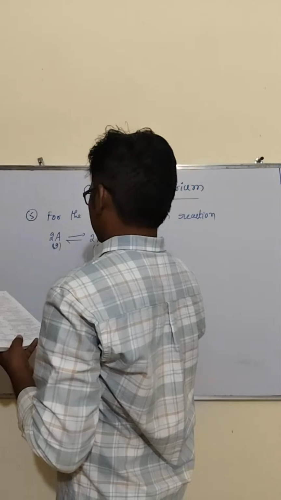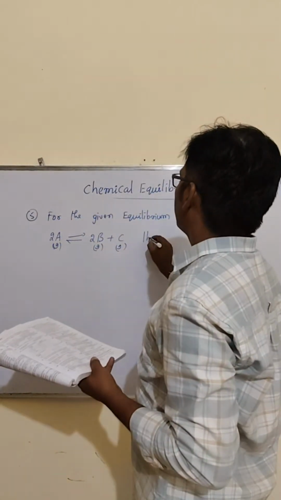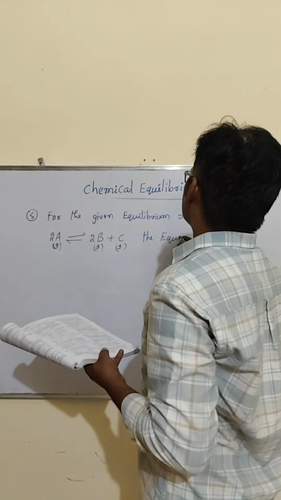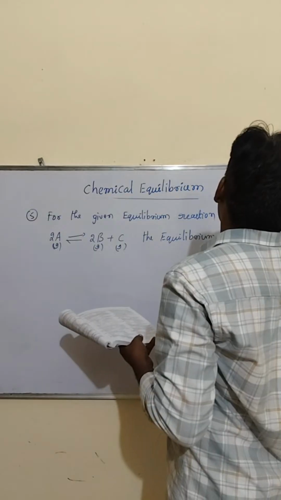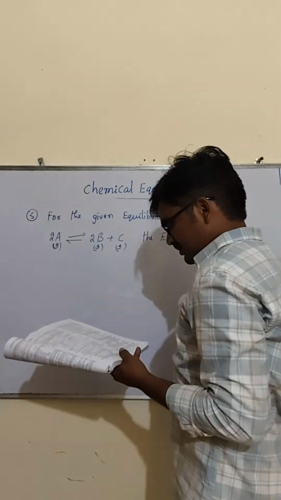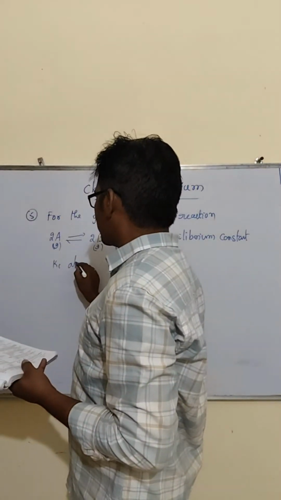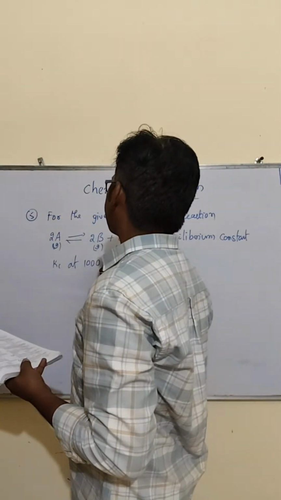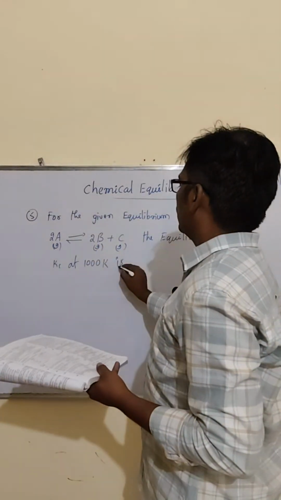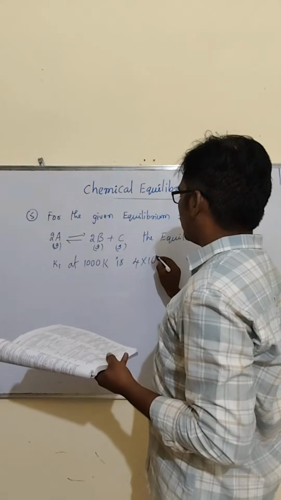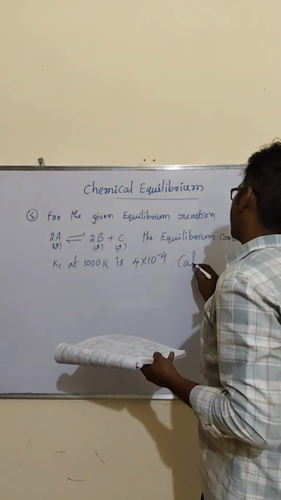The equilibrium constant Kc at 1000 Kelvin temperature is 4 into 10 to the power of minus 4. Calculate the Kp.